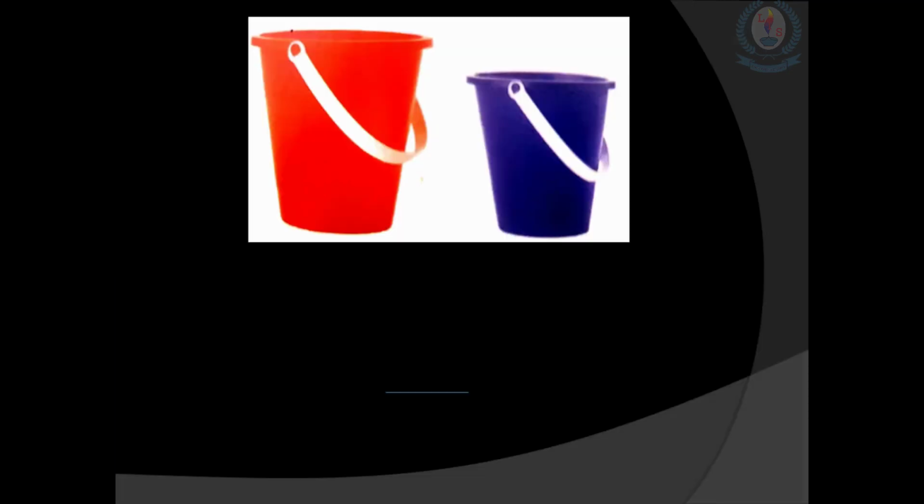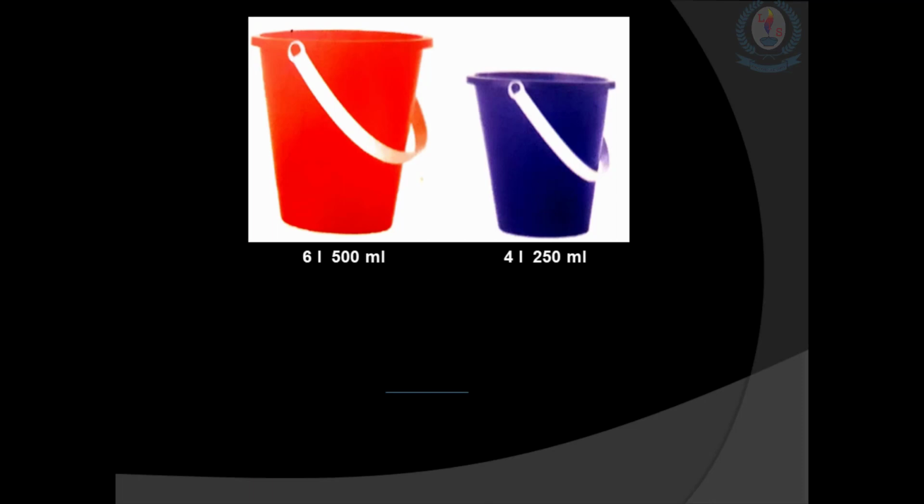Now look at this picture. There are two pails. The capacity of the red color pail is 6 liters 500 milliliters. The capacity of the blue color pail is 4 liters 250 milliliters.